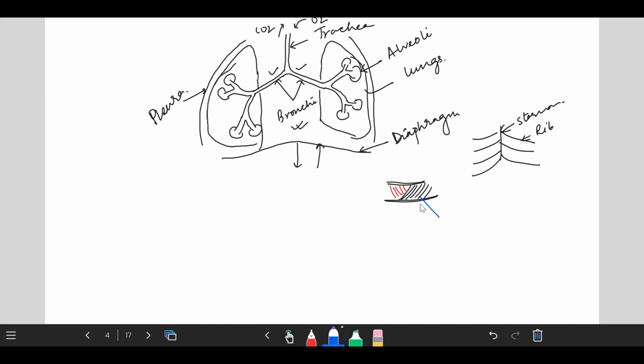The outer muscle is known as external intercostal muscle, but the inner muscles are known as internal intercostal muscle. These are the ribs.